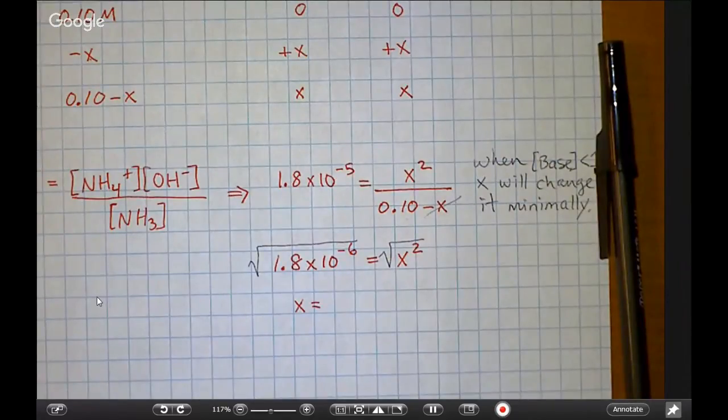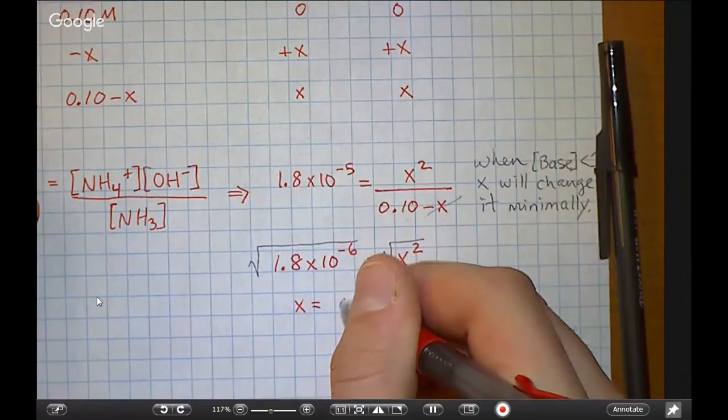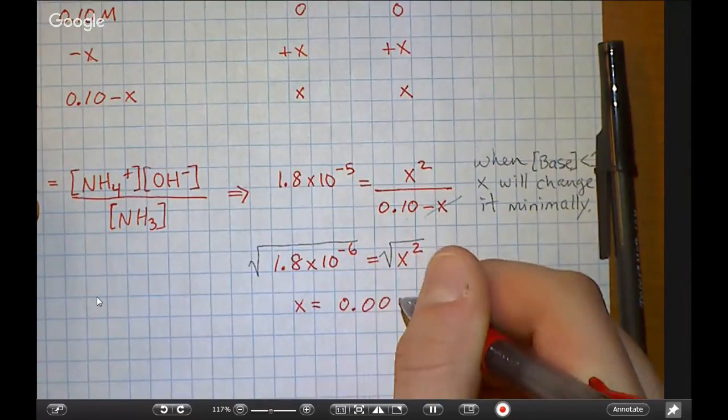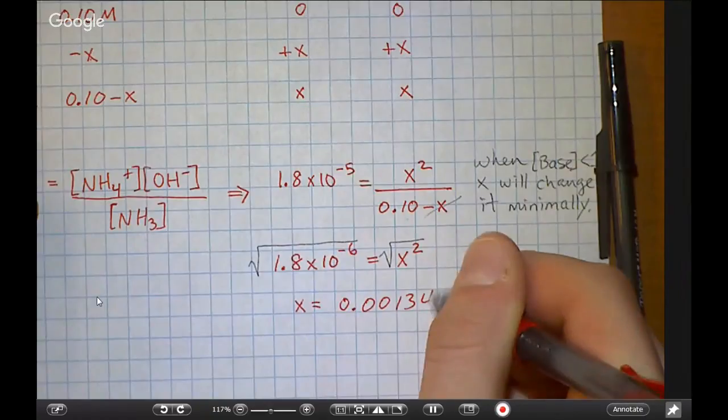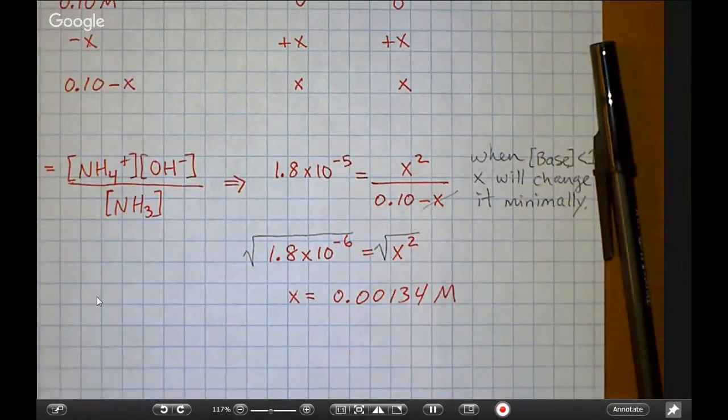Times 10 to the negative third. Okay. I can't hear it very good, apparently. I had it in standard notation. You had it in scientific. It's the same idea. So 1.34 times 10 to the minus 3, or in standard notation.